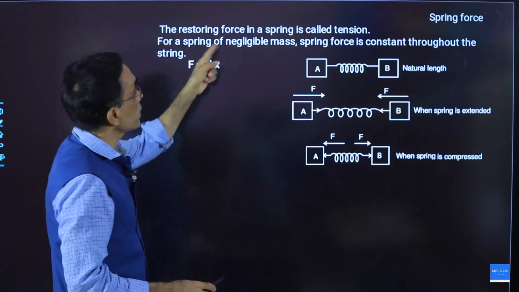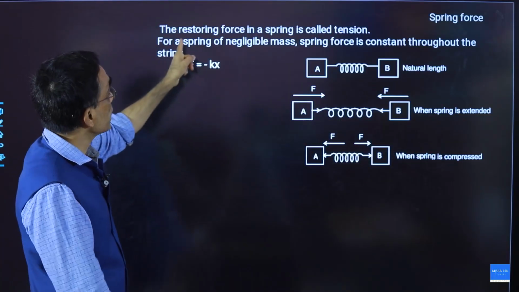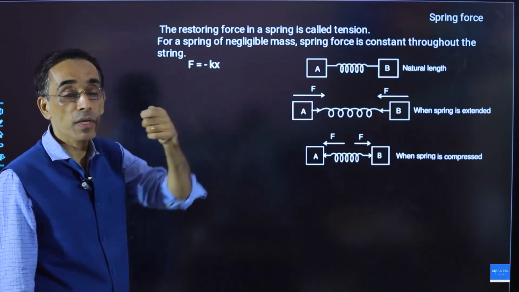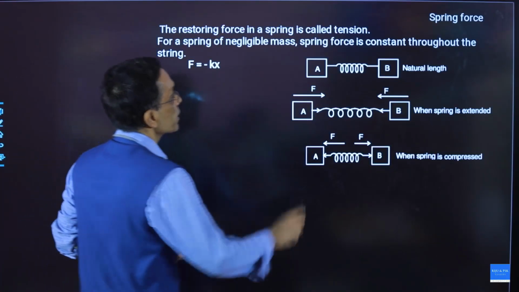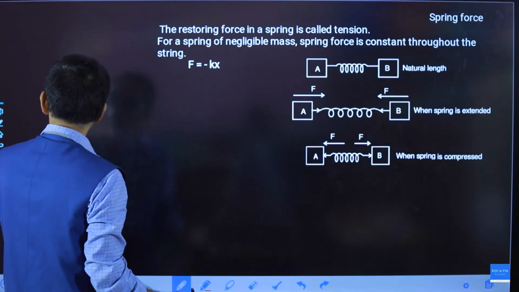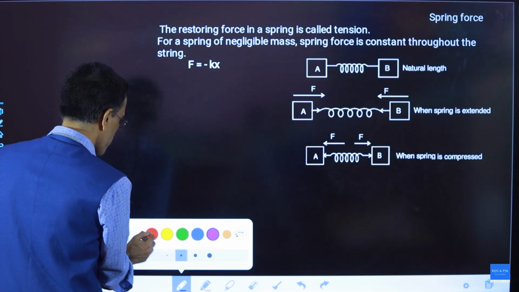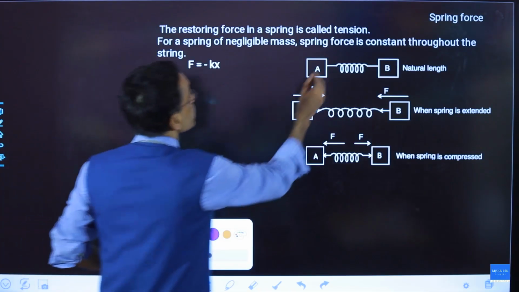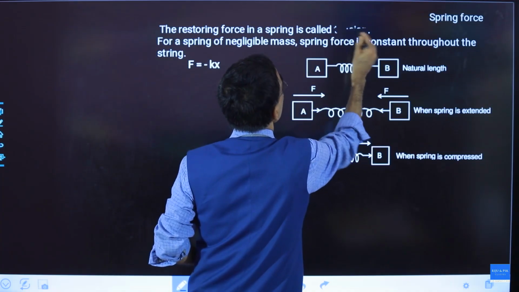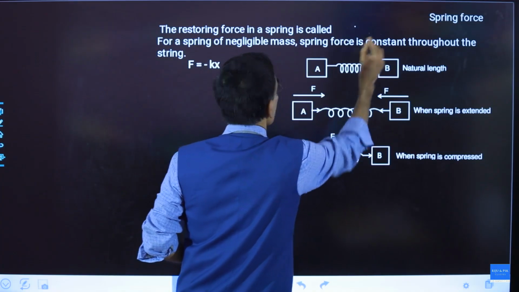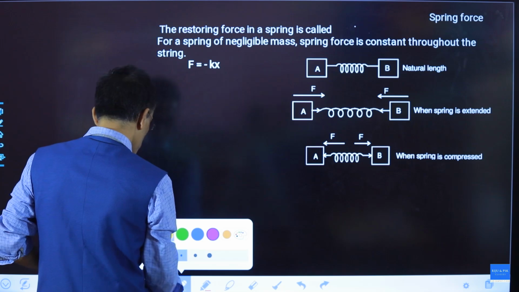So, this is called the spring force. The restoring force in a spring is called the spring force. I am sorry, this should be edited, this should not be tension, it should be restoring force in a spring.